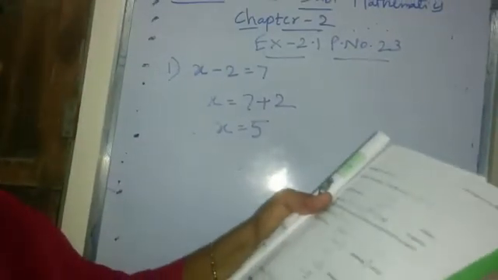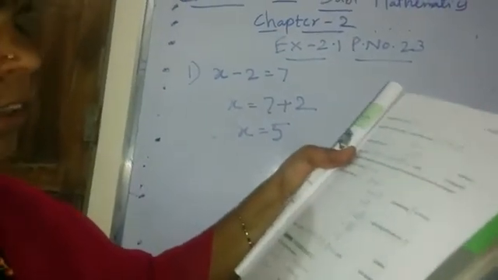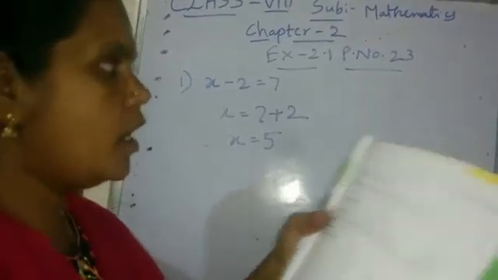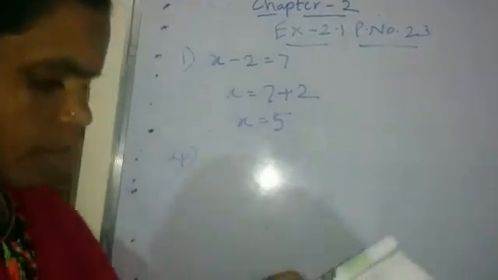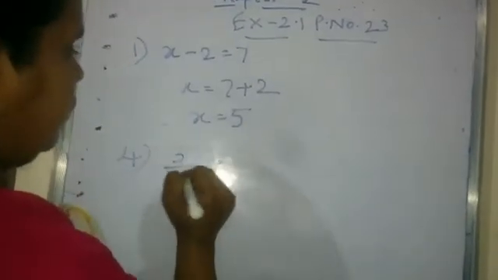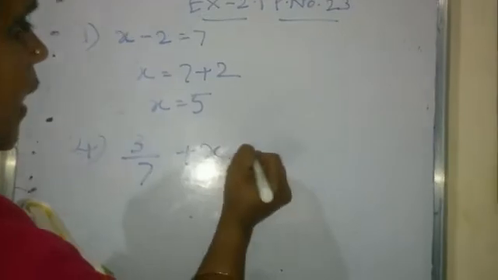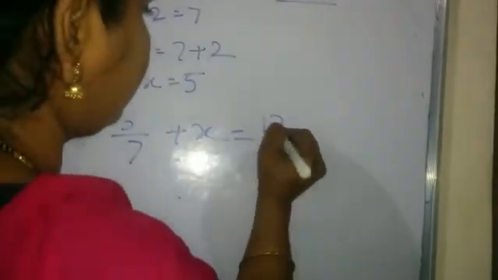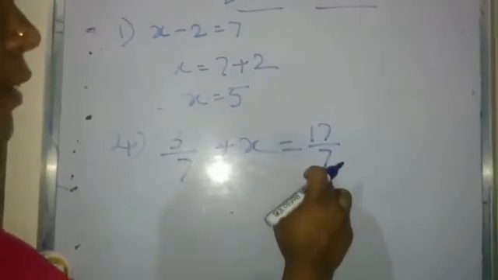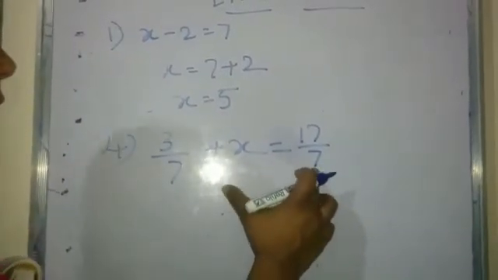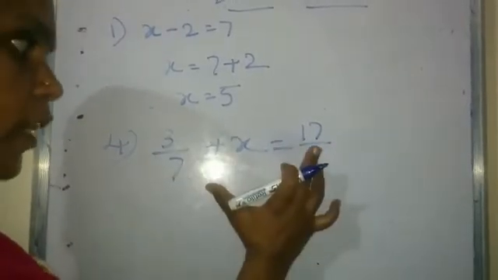Now see children, second one is homework for you, third one is also homework. Now fourth one, copy down: 3 by 7 plus x is equal to 17 by 7. Now see children, 3 by 7 is a constant value, 17 by 7 is also a constant value, so both are rational numbers.